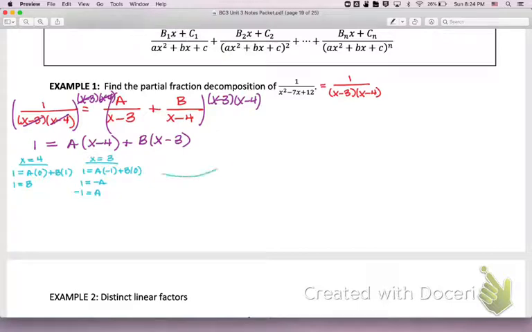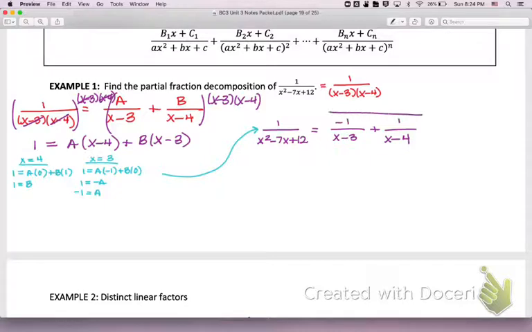So now we take all of this information, and that tells us that this fraction, 1 over x squared minus 7x plus 12, is equal to a, which is negative 1 over x minus 3, plus b, which we know is positive 1 over x minus 4.